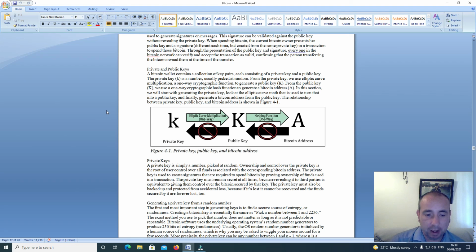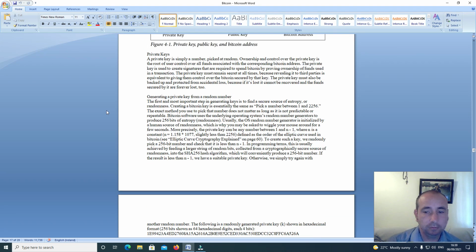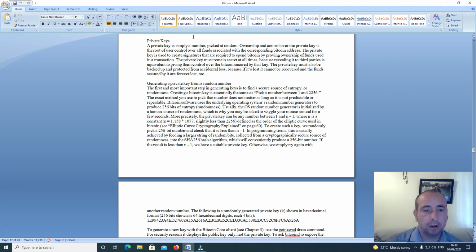Private keys. A private key is simply a number picked at random. Ownership and control over the private key is the root of user control over all funds associated with the corresponding Bitcoin address. The private key is used to create signatures that are required to spend Bitcoin by proving ownership of funds used in a transaction.